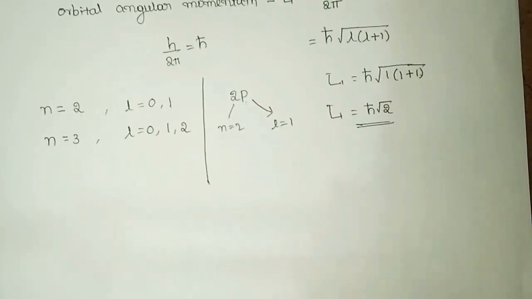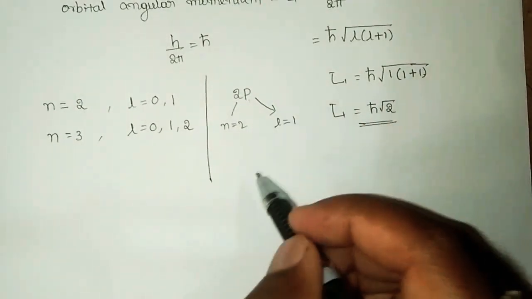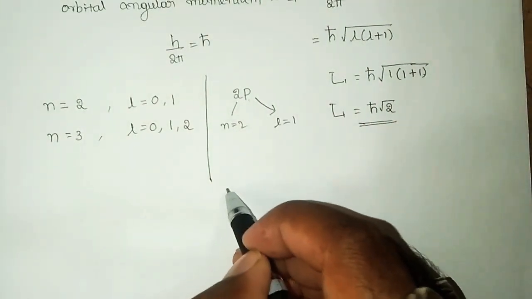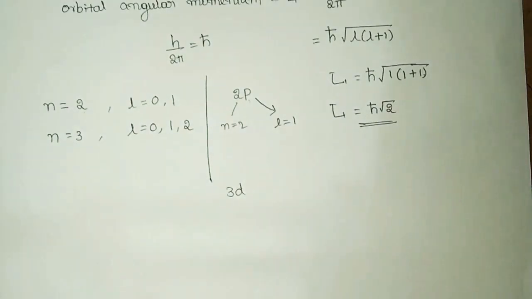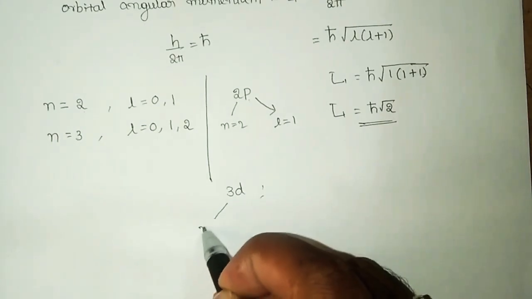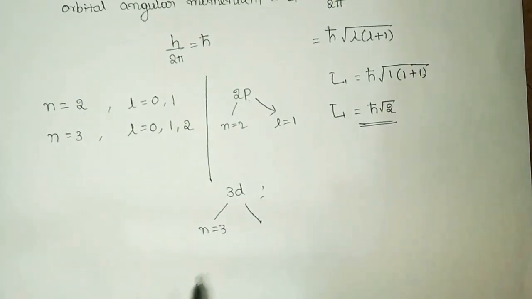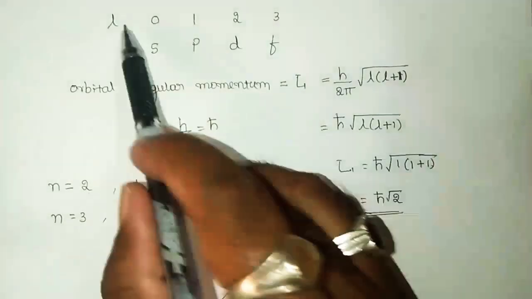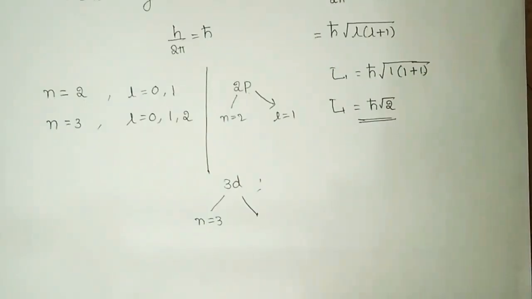So similarly, we can calculate for one more orbital. Let us go with the 3d orbital. So for the 3d orbital, we shall calculate the orbital angular momentum. Here the value of n is 3, and for d, the l value is 2.